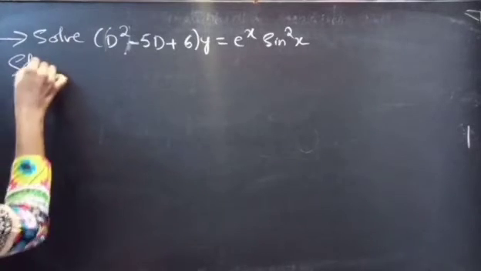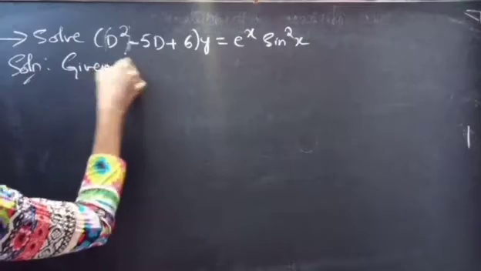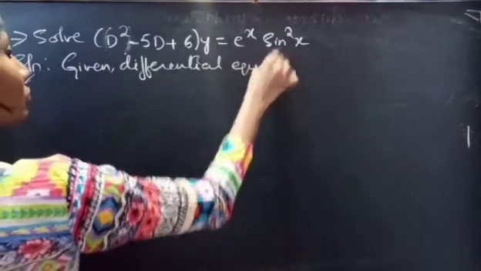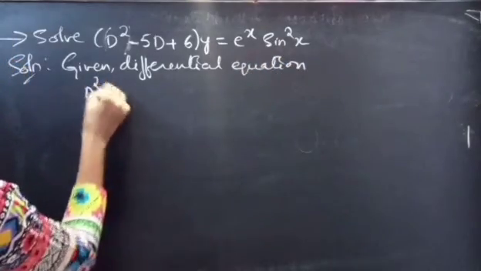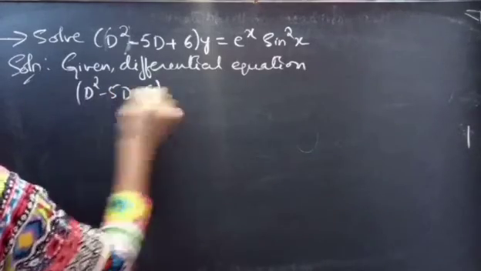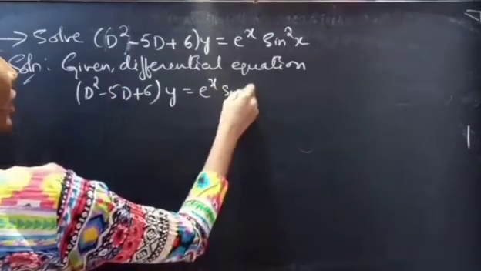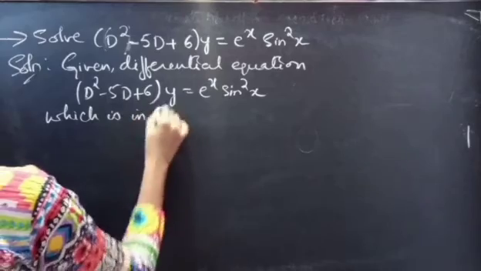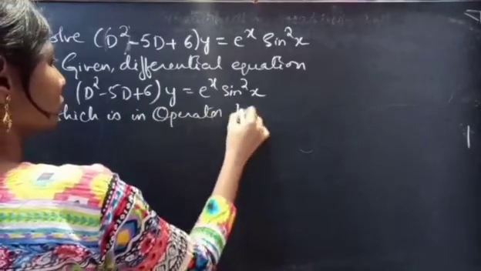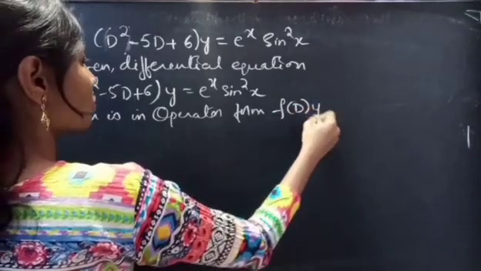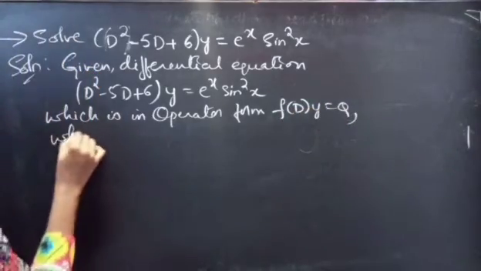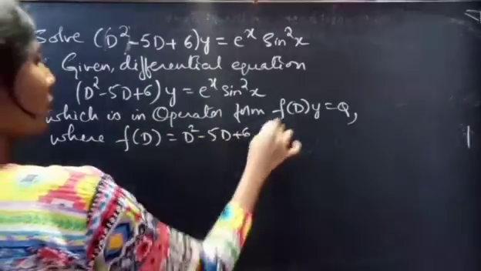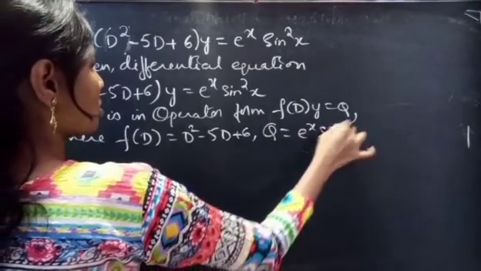Now coming to the problem. Given differential equation (D² − 5D + 6)y = e^x sin²x, which is in operator form f(D)y = Q, where f(D) = D² − 5D + 6 and Q = e^x sin²x.